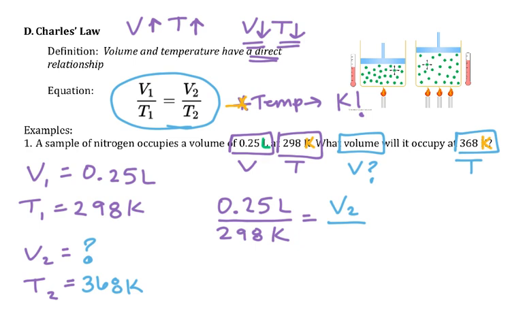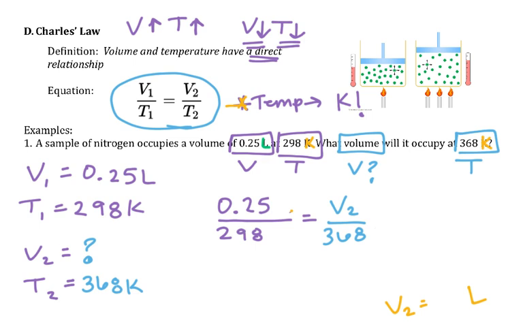If it makes more sense and you like putting an X for your variable instead of the variable from the formula, you're welcome to do that, over 368 K. And when we look at our units, we've got K's on the bottom, liters on the top, which means our volume 2 is going to need to have a unit of liters because those need to match up. If it confuses you to put the units in the problem, you can always leave those out.